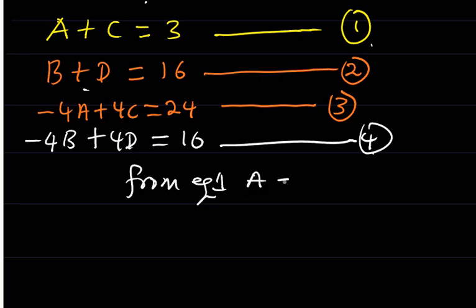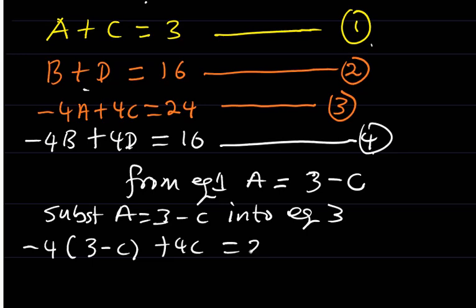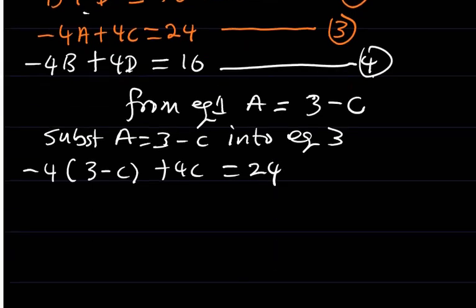if I make a the subject, a is equal to 3 minus c. So if I substitute that, a equal to 3 minus c into, of course, equation 3. So I'm going to have minus 4, then 3 minus c, then plus 4c is equal to 24. Let's open this.